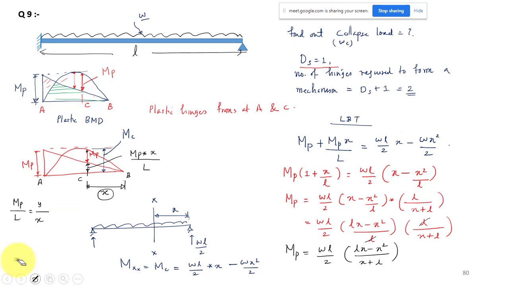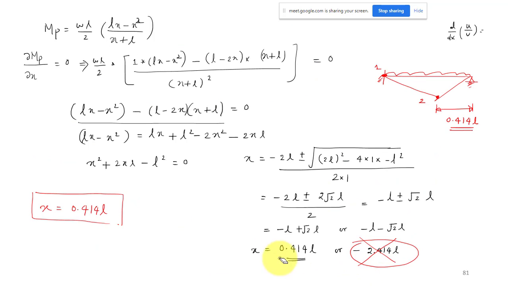From here, MB plus MB into x by L is equal to this equation, and once you simplify it, you get the expression for MB: MB is equal to WL by 2 into Lx minus x square by x plus L. So now we got the value of x equal to 0.414.